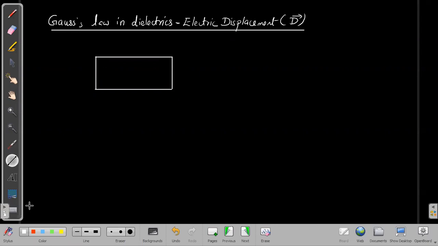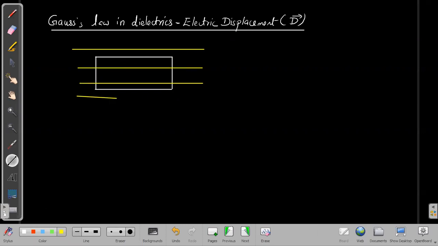So if you apply an external electric field to it, then we know that some polarization will be induced here. As a result of that polarization, we'll get some bound charges. So we'll have the volume bound charge density rho b, as well as the surface bound charge density sigma b.